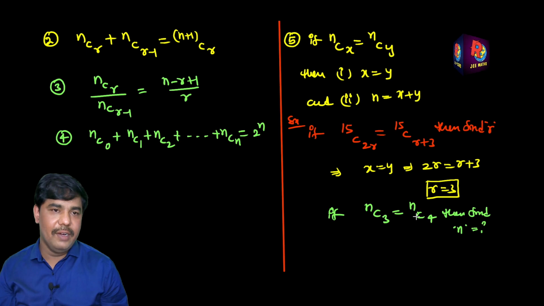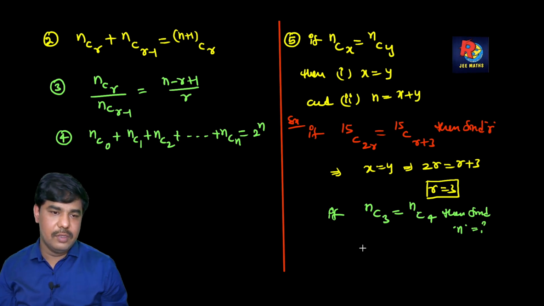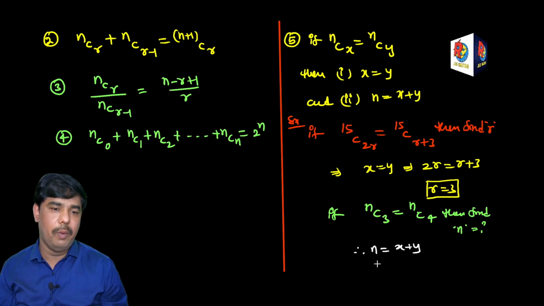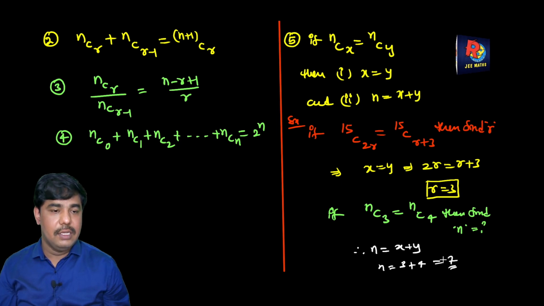So to find the n value, we need to apply the n equals x plus y concept. If we apply that, n equals 3 plus 4, which means 7. So that means NC3 and NC4 are equal whenever the n value equals 7.